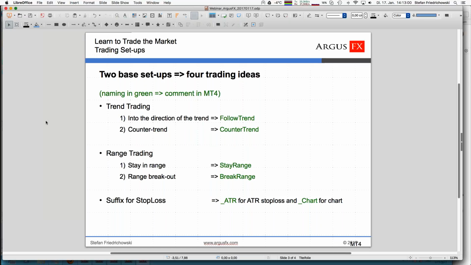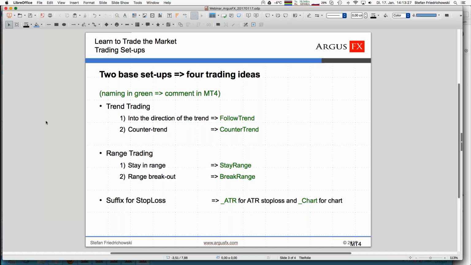So we introduced already 2 base setups, which lead finally to 4 trading ideas, and the 2 base setups are trend trading, and the other one is range trading. And I think the name is already telling the content of, or how those trades will look like.